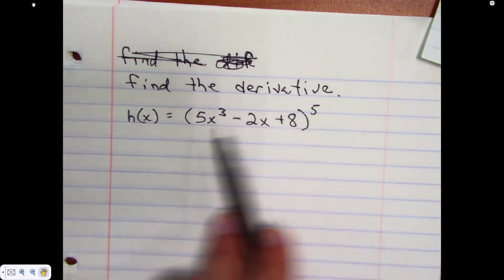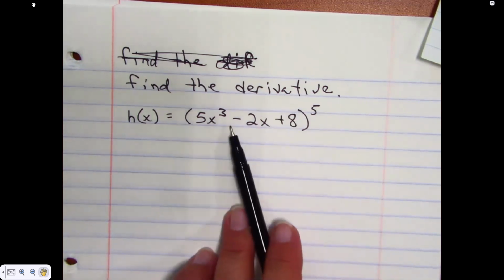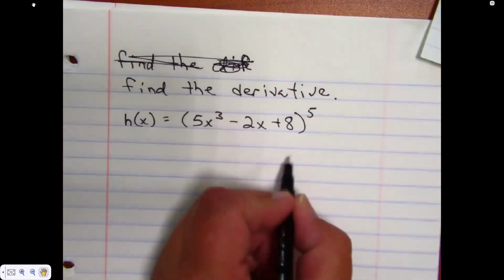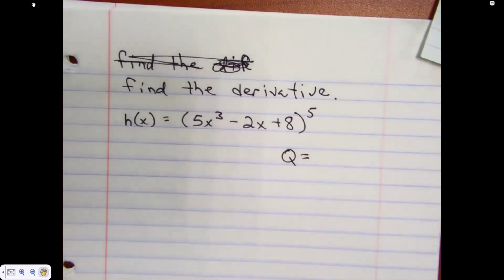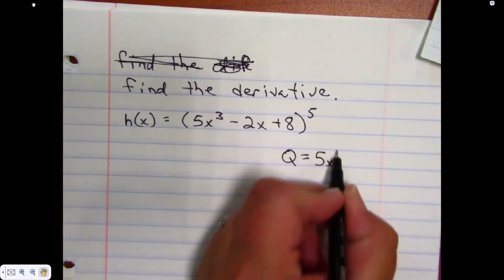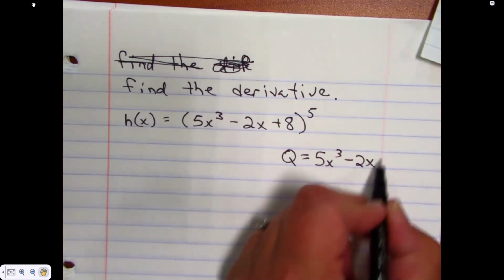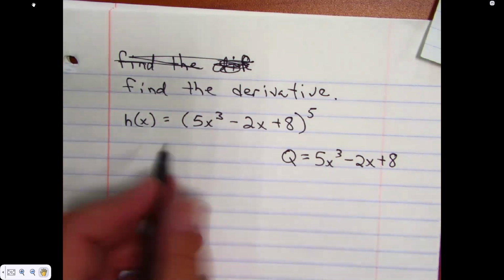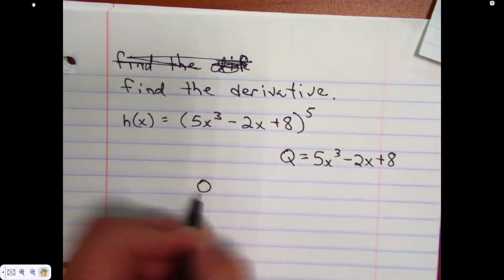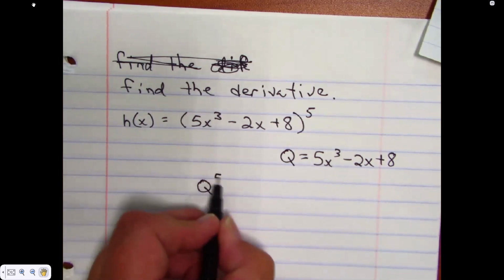So it's up to you how much you want to write on this. Let's write it one more time. What would our Q be? It would be literally that polynomial inside the parentheses. That kid was totally right. 5x to the 3rd minus 2x plus 8. Okay, so now we're really looking at the derivative of this guy.